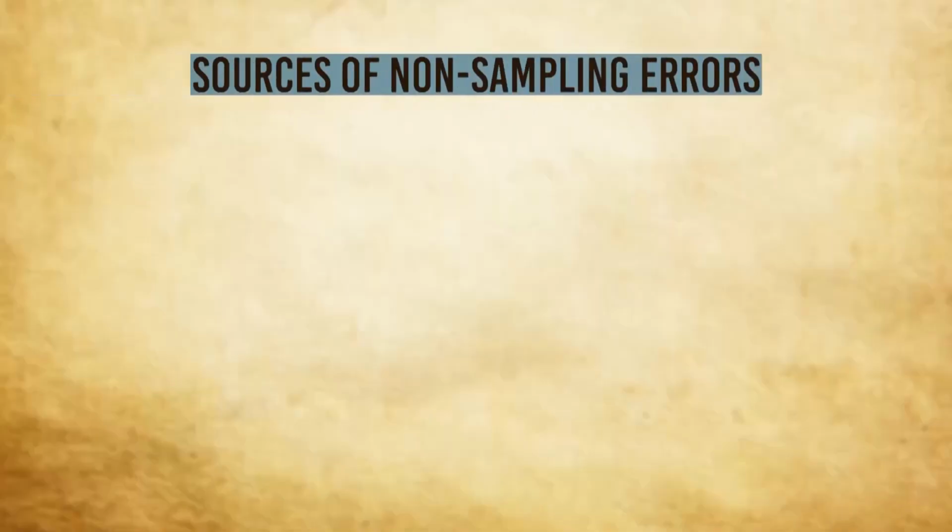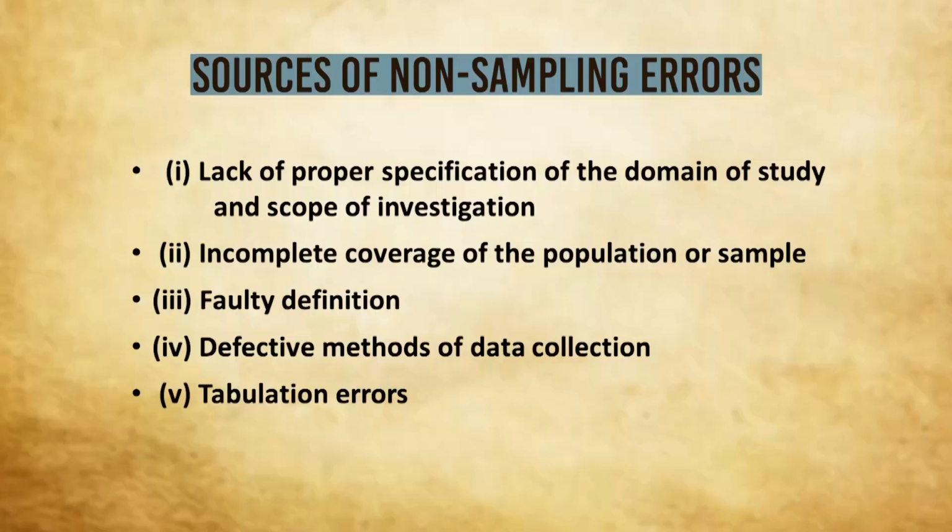Also, for many economic surveys, income figures are required. Very often, the income figures are not stated properly. That means either we get a lower income figure or a higher income figure. These types of errors have nothing to do with the sampling. So these are not sampling errors. These are called non-sampling errors.